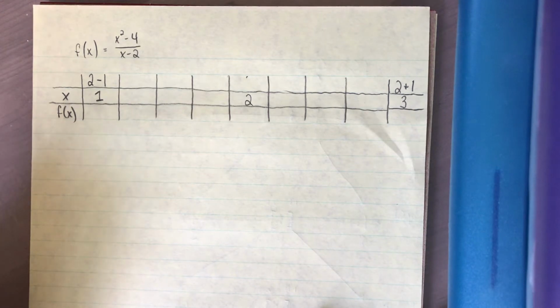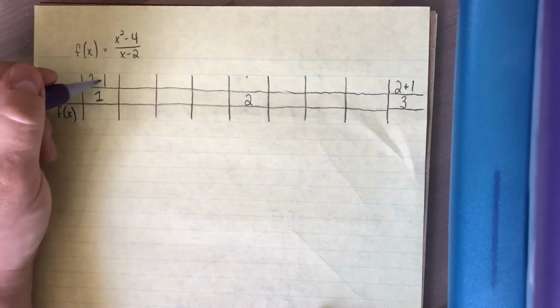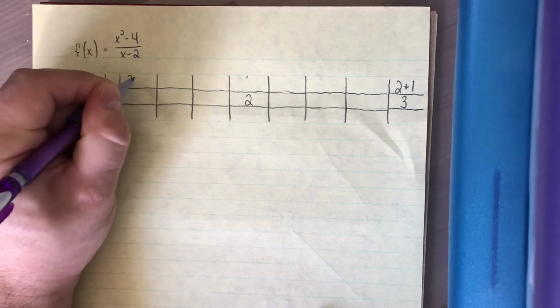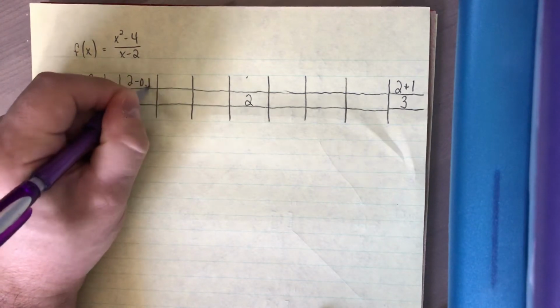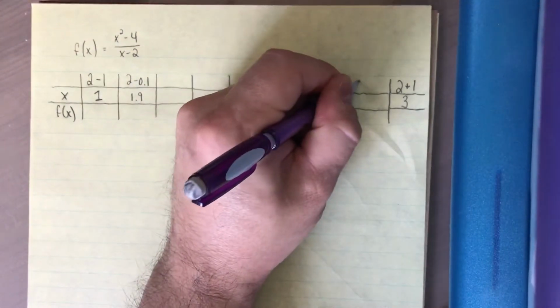Now, from here we're going to close in a little bit at a time. So after going a whole number to each side, we're then going to go 1/10 to each side.